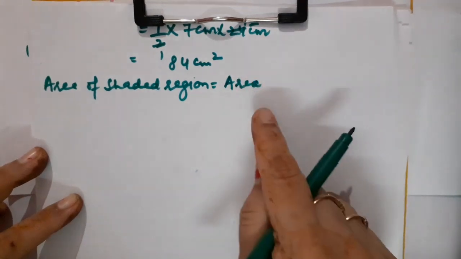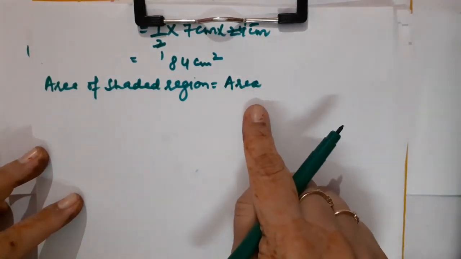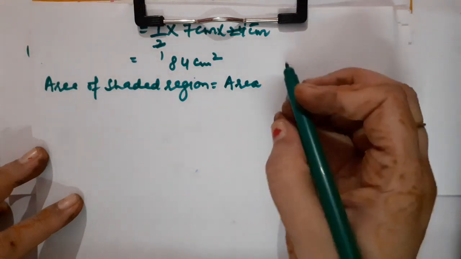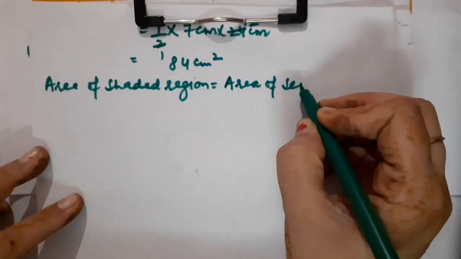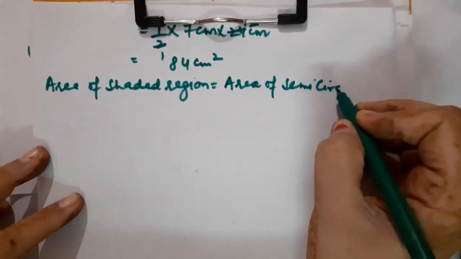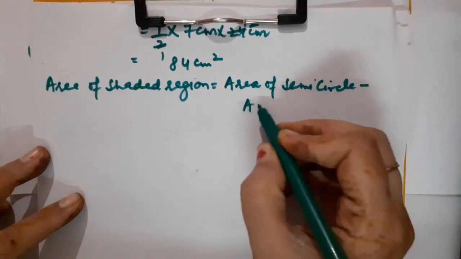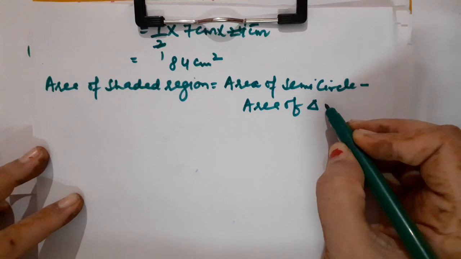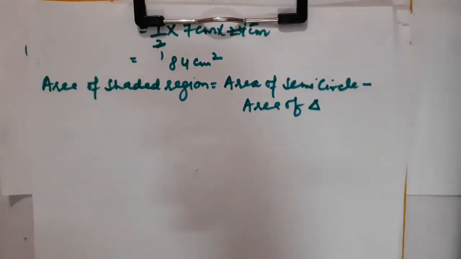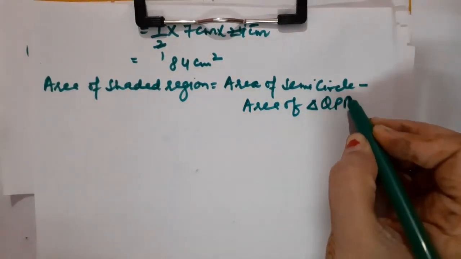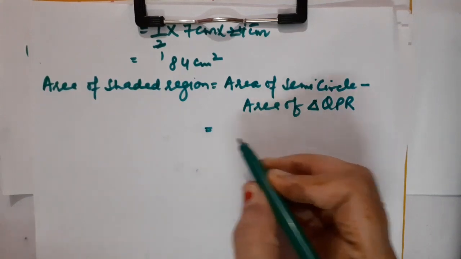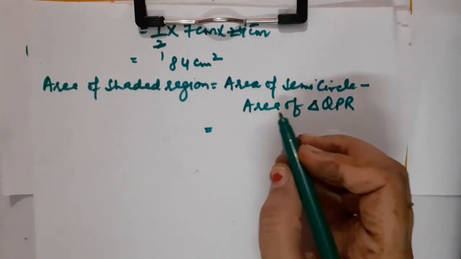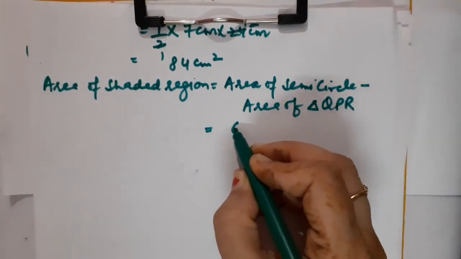And these formulas you have to form yourself on the basis of the given figure. So area of semicircle minus area of right angle triangle QPR. Clear?